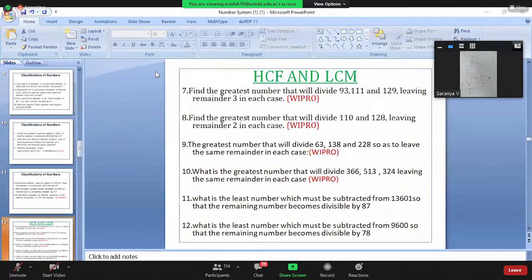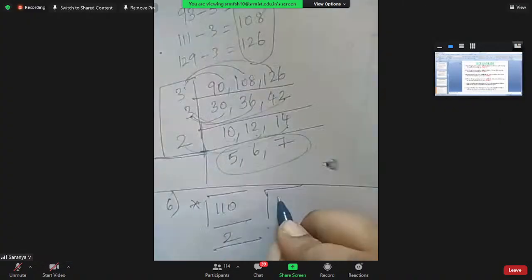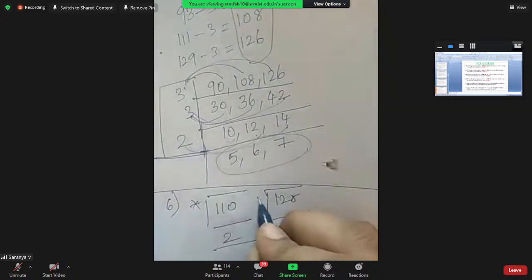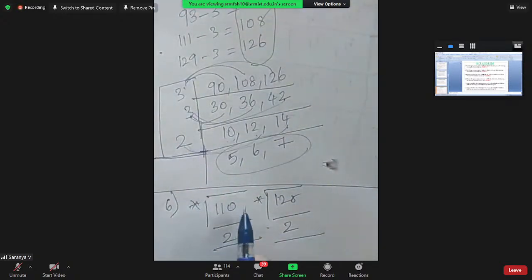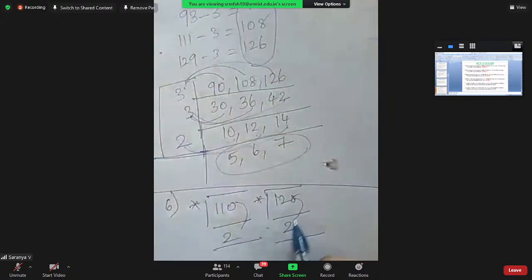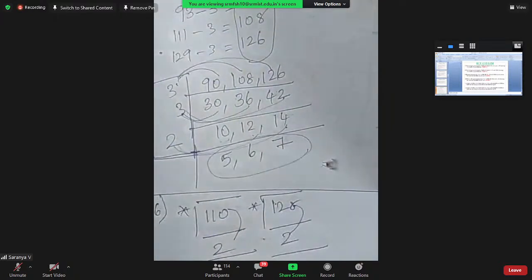Same thing, you have to find the highest common factor. So what is the meaning of this question? When you divide 110 by that number, you'll get 2 as the remainder. When you divide 128 by that number, you'll get 2 as the remainder. Therefore, just remove the 2 and find the highest common factor.